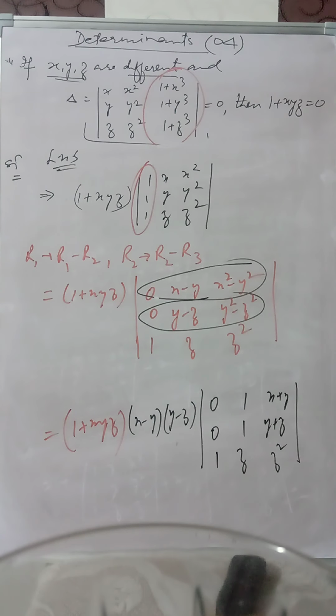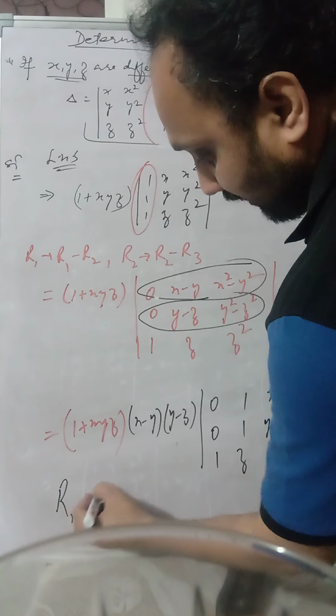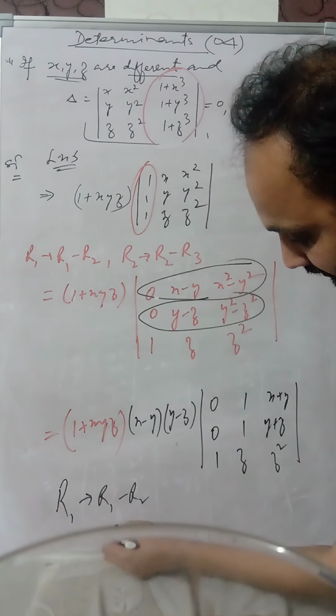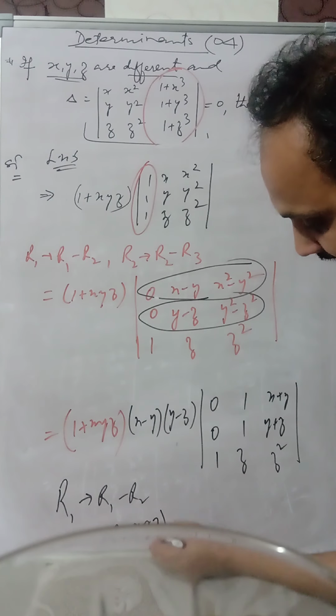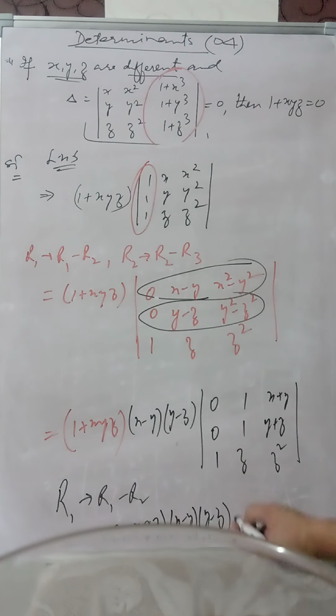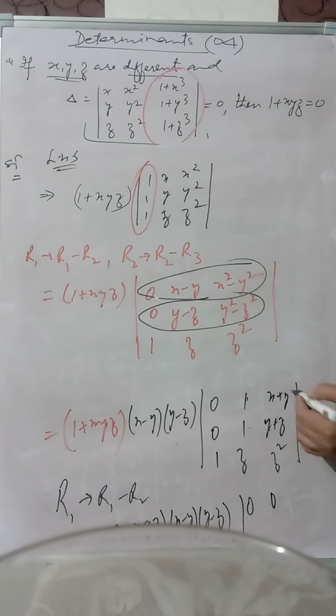Again you can apply R1 minus R2. When you apply R1 goes to R1 minus R2, what you get is 1 plus xyz into x minus y, y minus z, and here it will be 0 minus 0 is 0, 1 minus 1 is 0, and this minus this will give you x minus z, and the rest of the things will be as they are.